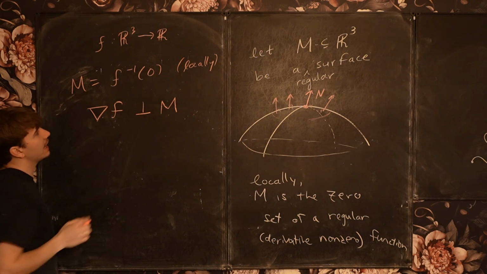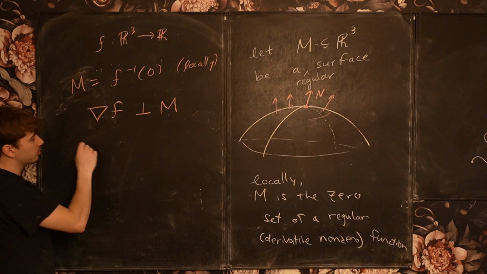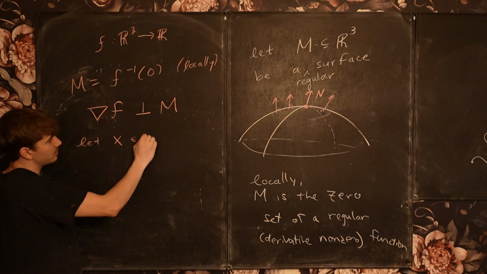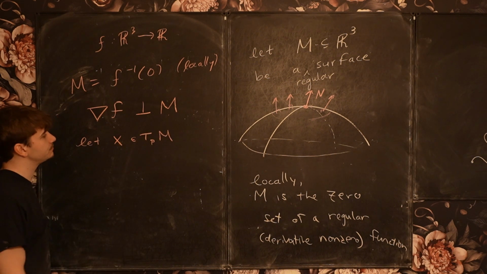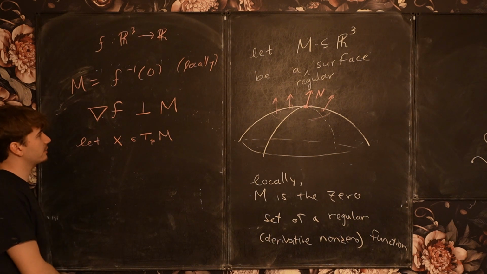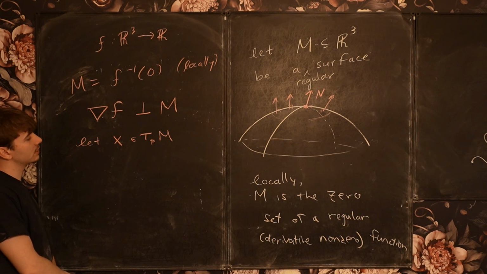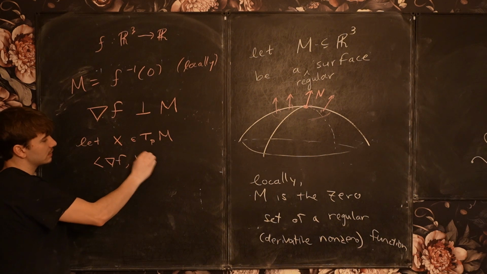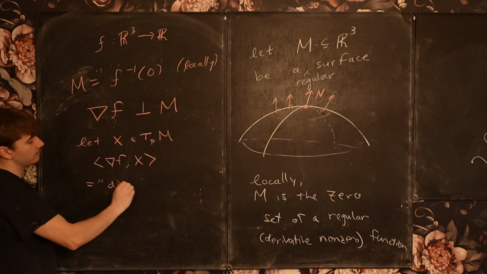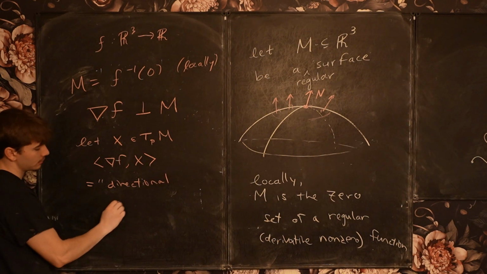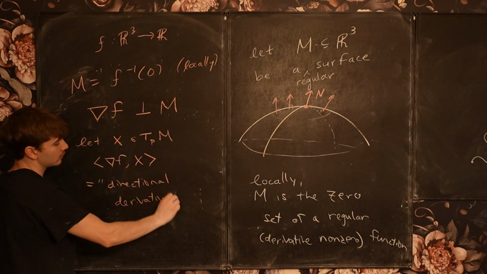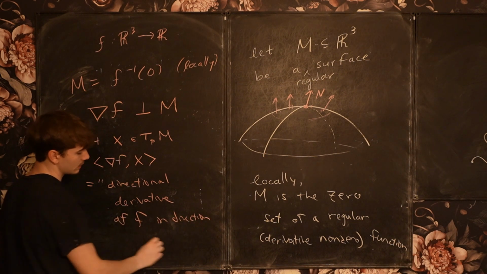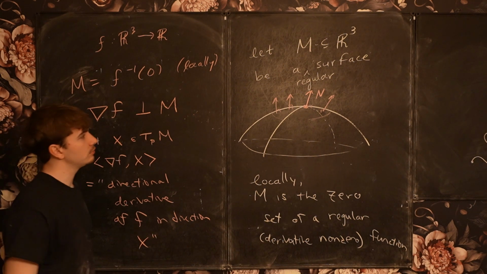So if we let x be a vector in T_p M, the tangent space of M, and take the inner product of the gradient of f with x, this is just the directional derivative of the function f in the direction x.